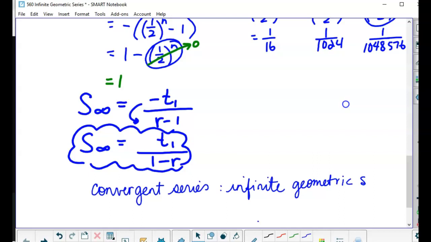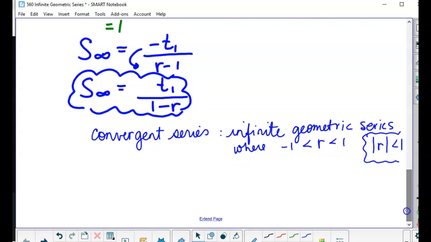There are other convergent series, but for this course, that would be an infinite geometric series where r is less than 1 and greater than negative 1. Sometimes we'll show that as absolute value of r less than 1. So just be aware of that. It's another way of showing it.